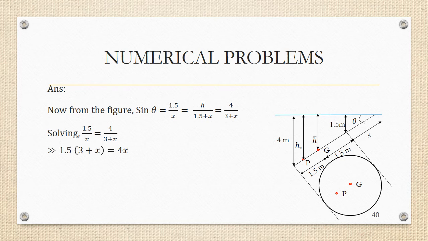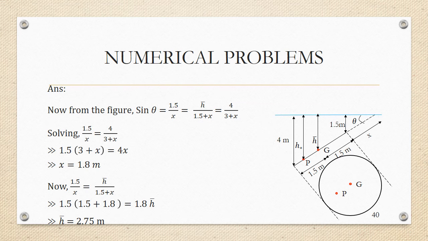We will be able to get the value of x as 1.8 meter. Once we get the value of x as 1.8 meter, we will be able to find out the value of h bar by substituting 1.5 by x is equal to h bar divided by 1.5 plus x, and h bar we will be able to get as 2.75 meter.